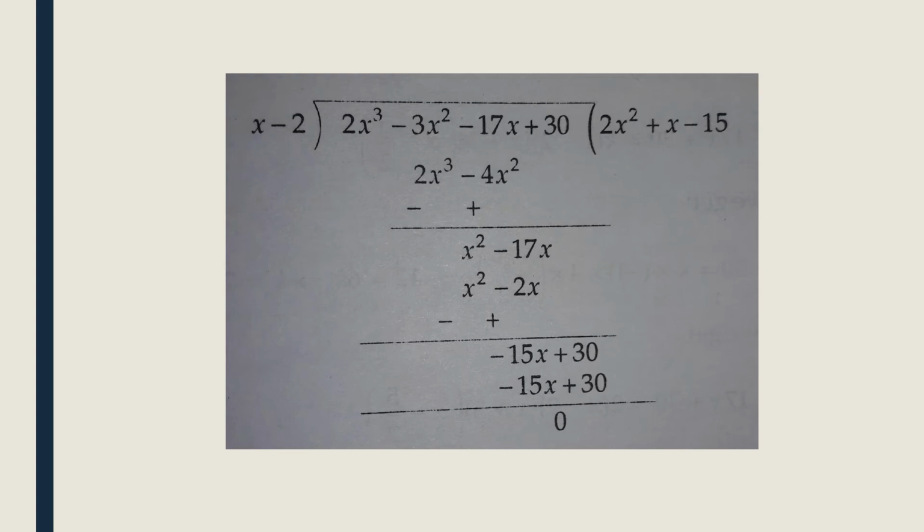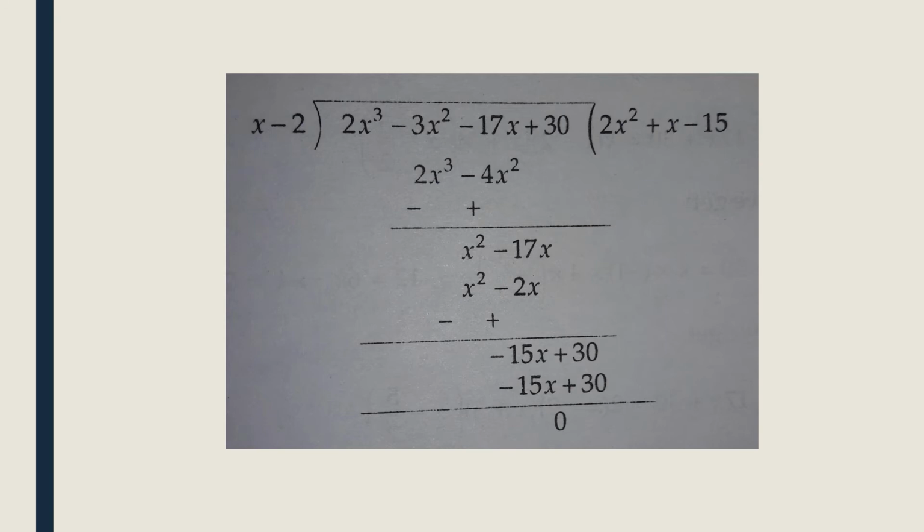Now multiply the divisor by the first term of the quotient, 2x square into x minus 2, which is 2x cube minus 4x square. Now subtract. We can see 2x cube minus 2x cube gets cancelled, and the second term minus 3x square plus 4x square gives x square, bringing the remaining terms down, that is minus 17x plus 30.